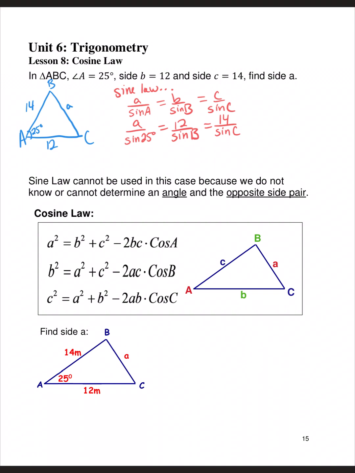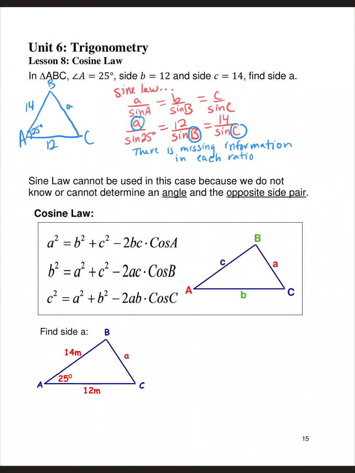So you can see in each ratio, there is missing information, right? I need a ratio that at least I have both the angle and the side. So there is missing information in each ratio when I try to use the sine law in this case.